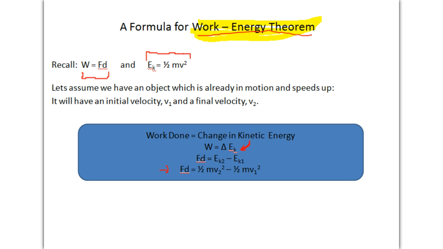Work is also force times distance, and your change in kinetic energy is your kinetic energy at the end of the situation and your kinetic energy at the beginning. And kinetic energy, well, we've seen up here, is a half mv squared, and this is your ending velocity, and half mv squared and your beginning velocity. Alright, so we'll stop there, and next video we'll pick up a couple more examples.